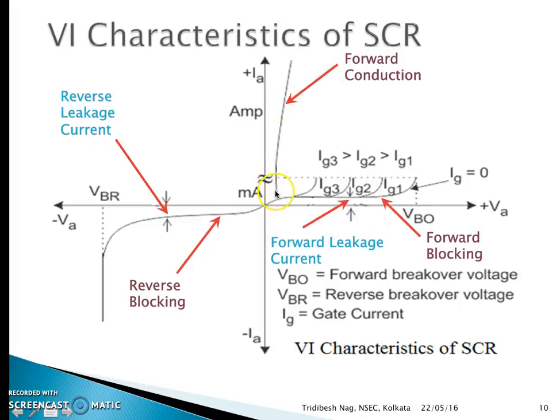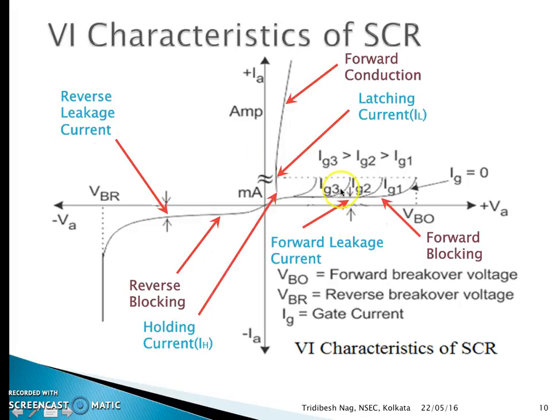And there are two important parameters here. One is the latching current and the other is the holding current. Now what is this latching current? It is the minimum anode to cathode current required above which the SCR is latched to the on state. By latched, I mean that it will remain in the on state even if we remove the gate signal.